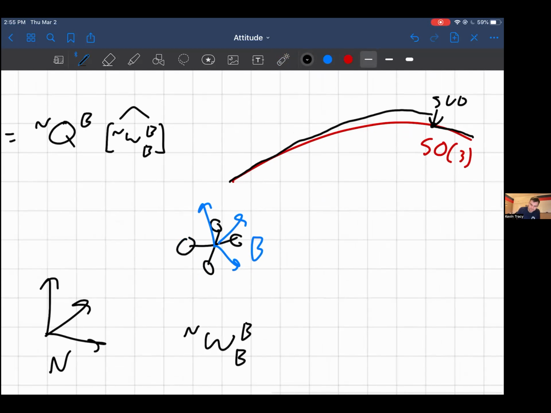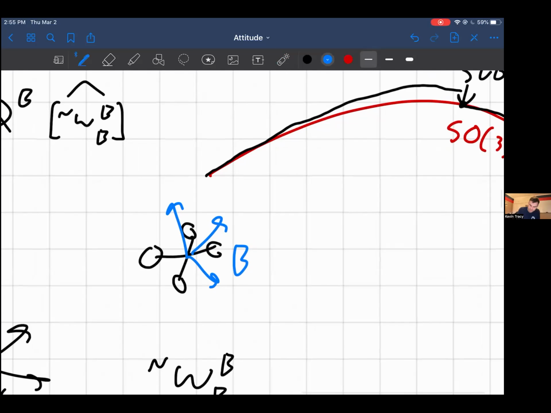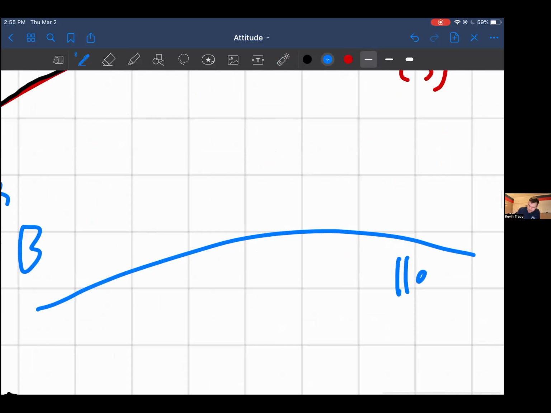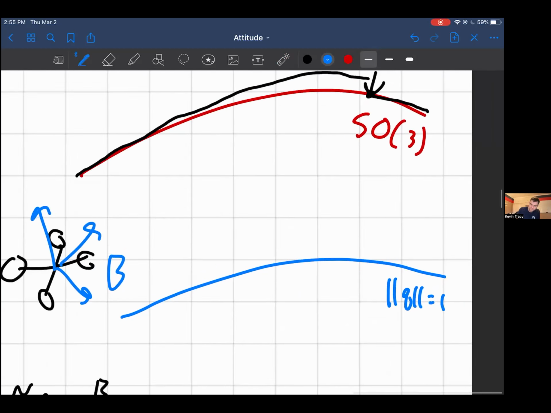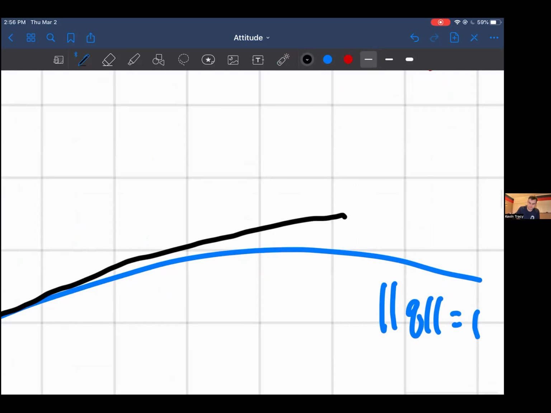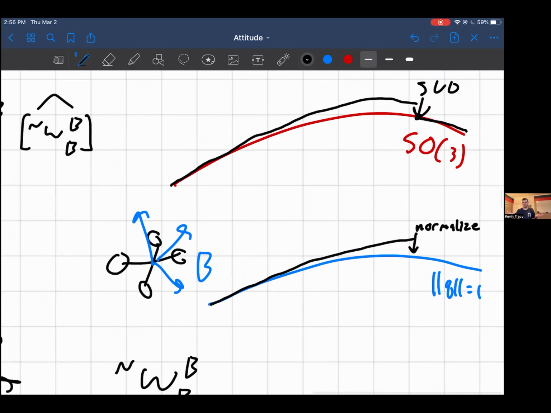Alternatively, if you're doing quaternions, you get the following. For a quaternion, my manifold is unit norm. And so when I simulate this thing, I will drift away from unit norm a little bit. And to put myself back in the manifold, all I have to do is normalize. Normalizing a 4-dimensional vector is way faster, probably between 100 and 10,000 times faster than doing the SVD of a 3x3 matrix.